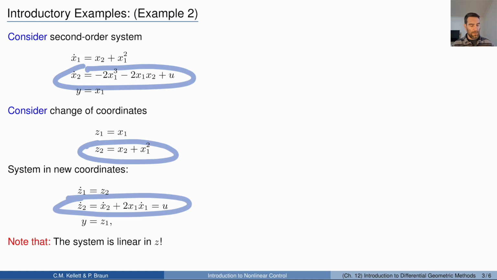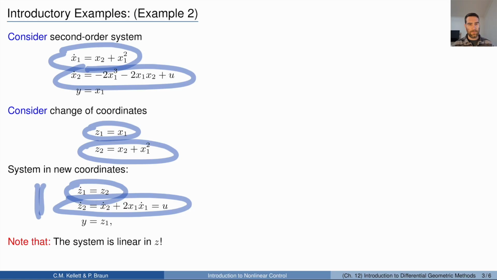And similarly, even more obvious here, if we take the derivative with respect to z1, then also the corresponding dynamics in the new coordinates z are linear, so we end up with a linear system in the variables z.